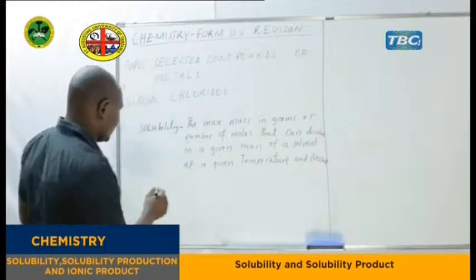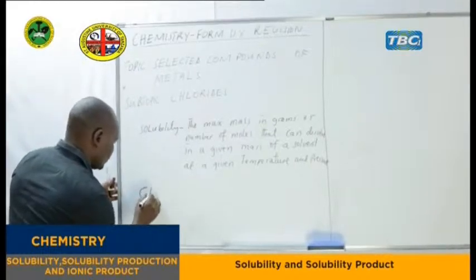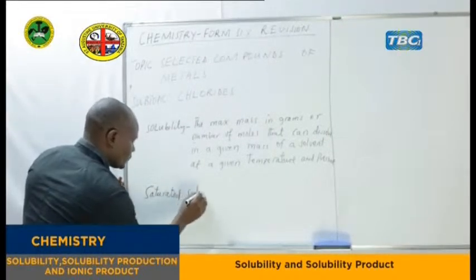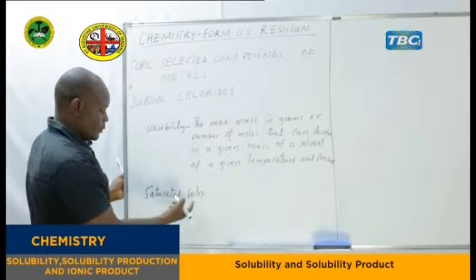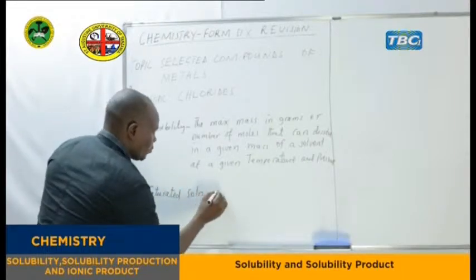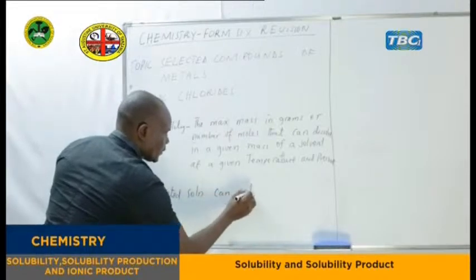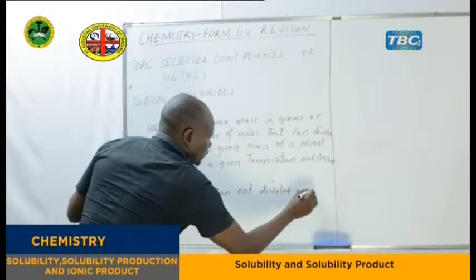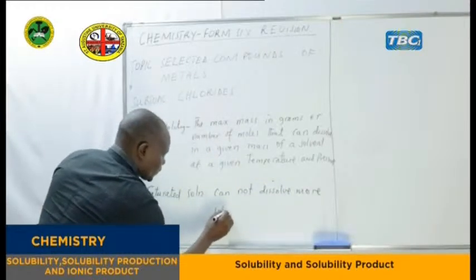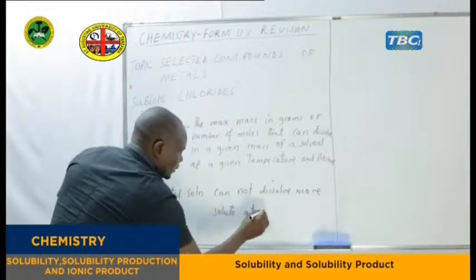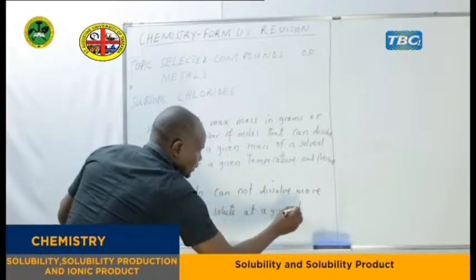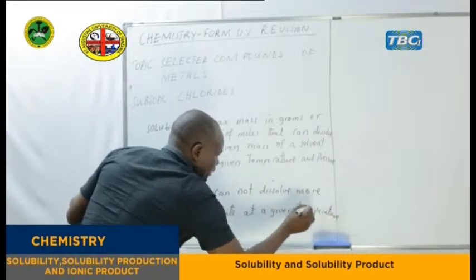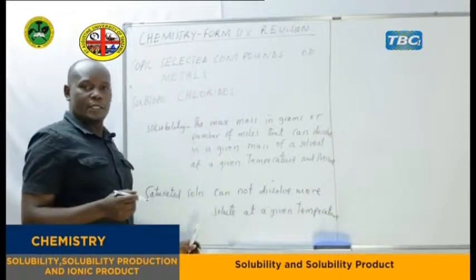So we have saturated solution, which means that you can define it as a solution which cannot dissolve more solute at a given temperature. So this is what we call a saturated solution.